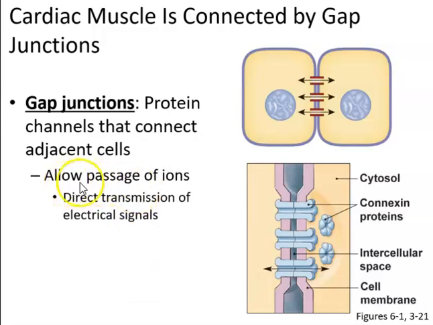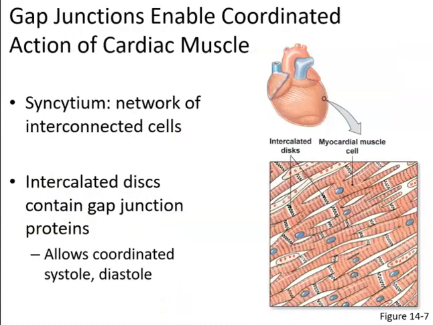This allows for the passage of ions, and again allows for that direct transmission of electrical signals. Cardiac muscle cells work in what's called a syncytium. Basically, they work together through this network of interconnected cells.